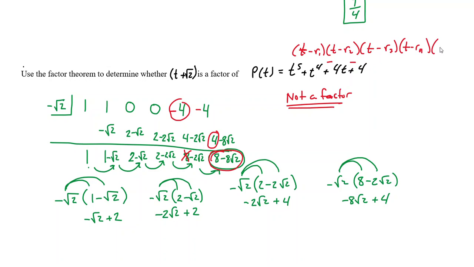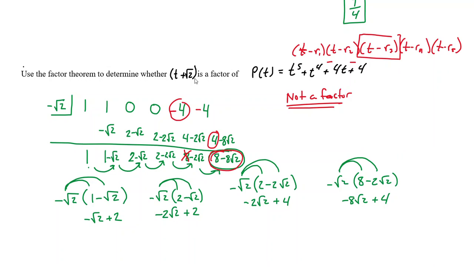So there's going to be potentially 5 factors. And so the factors are going to be t, the variable, minus some number. That's the factor. That number is called a root.